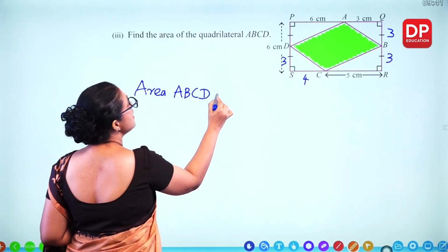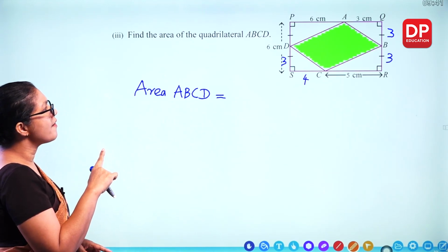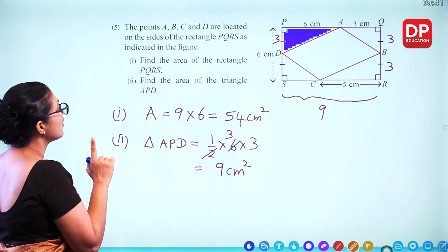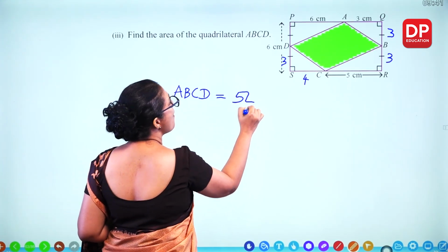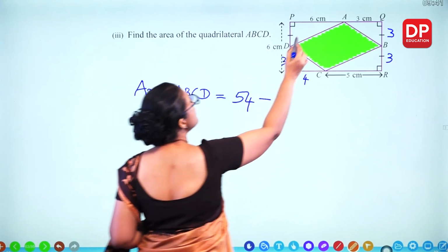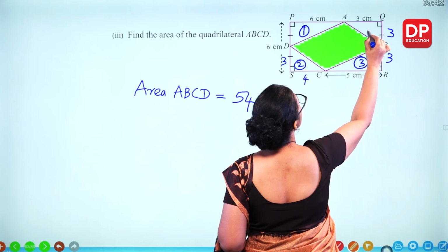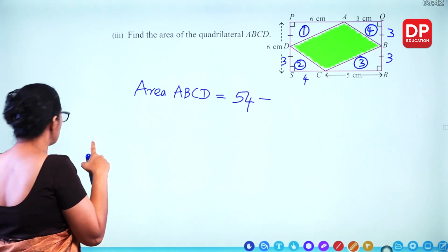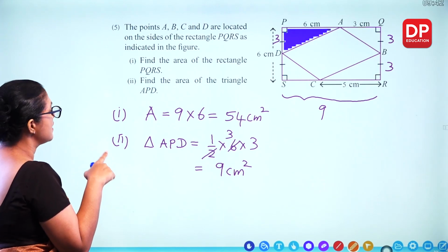That area ABCD is equal to the total area of PQRS. We found that, 54. So 54 minus these 4 areas, 1, 2, 3, 4. The first one we already found, the area of triangle APD, so that's 9.